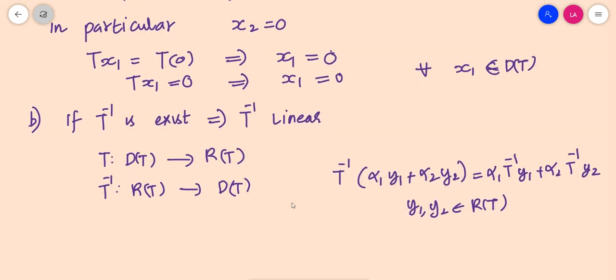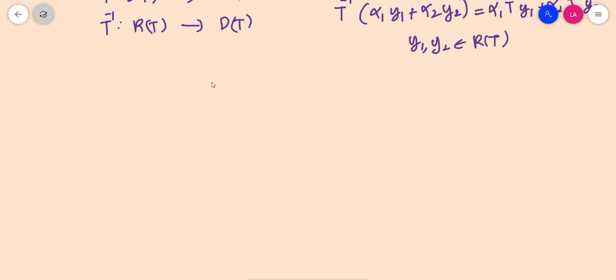So this is what we have to prove. Clearly, if T from D of T to R of T is a linear transformation, then R of T is a vector space.